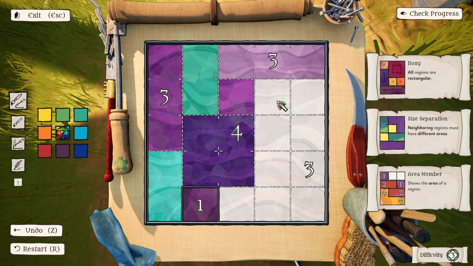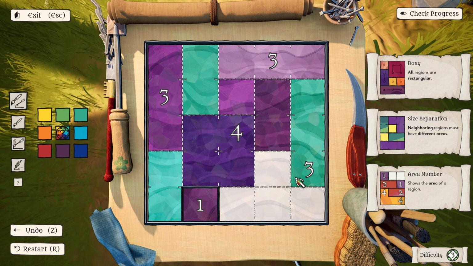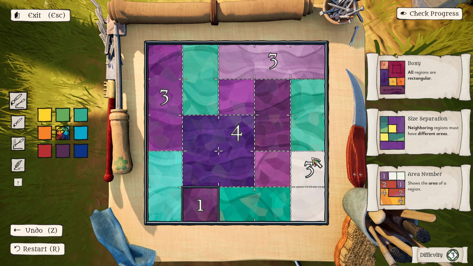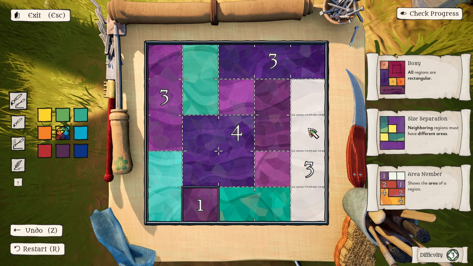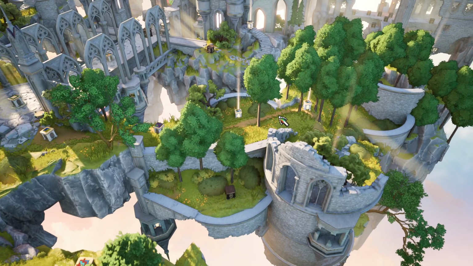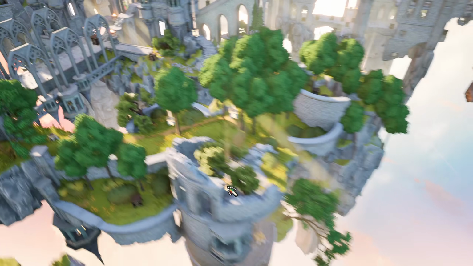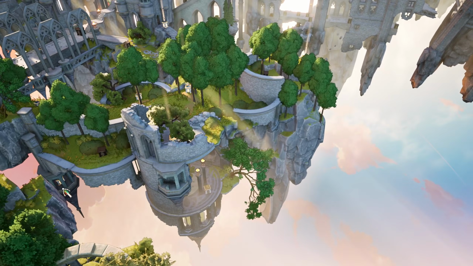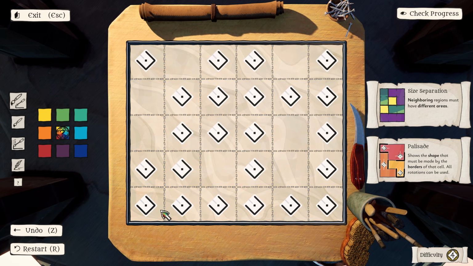Two, 1, 2, 3, 1, 1, 2. No. There it is. 4 there. We already did that. 3. Who are you hiding there? 4. Sheesh. Neighboring regions must have different areas.